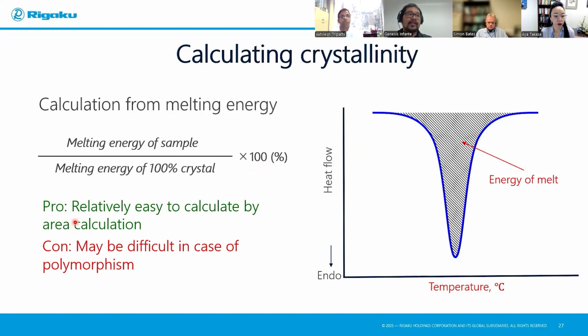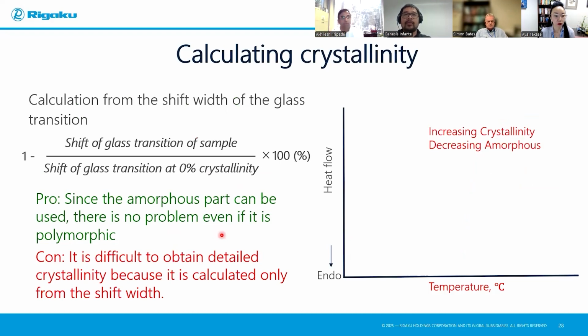The pro is that it's relatively easy because it's direct math. The problem becomes when polymorphism is involved, because you can't be sure whether within that signal there are other signals associated with a polymorph. The other approach is, if you have polymorphism and you have amorphous signals, like a glass transition, you can use that also to calculate crystallinity.